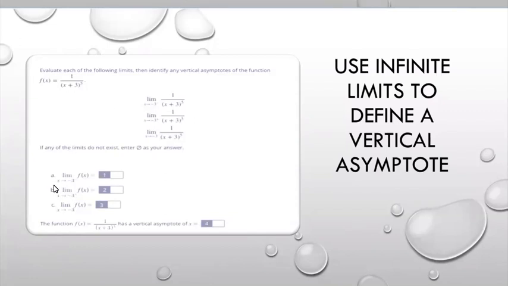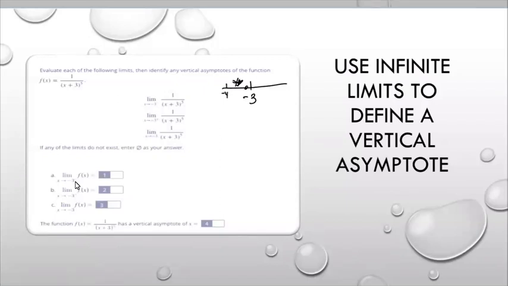If we need to approach minus 3 from the left, you have to think about one value that is to the left of minus 3, very close to it. Remember that this is minus 4.